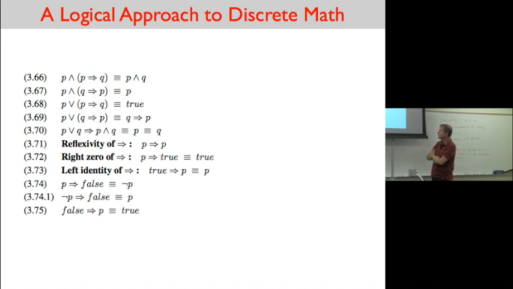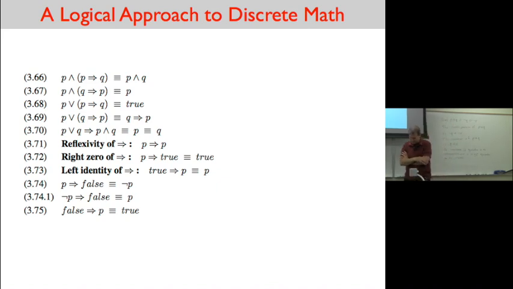All right, and 3.69 is P or Q implies P. So notice that we have P and P implies Q, P and Q implies P, P or P implies Q, and P or Q implies P. So those are all 4 possibilities, and they all turn out to be simplified.